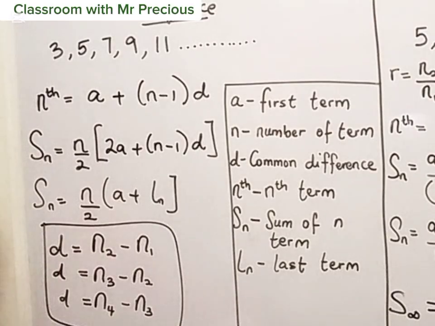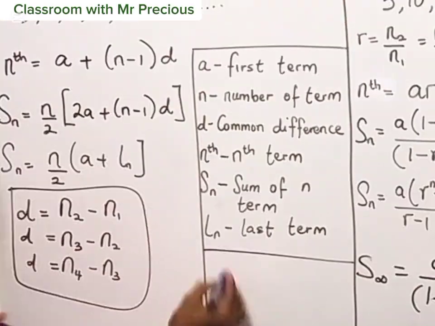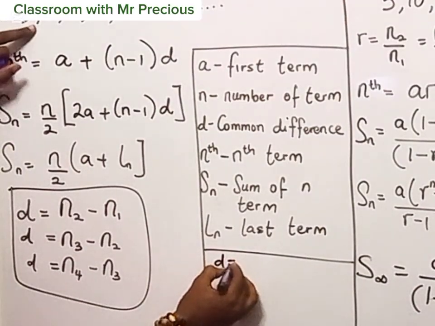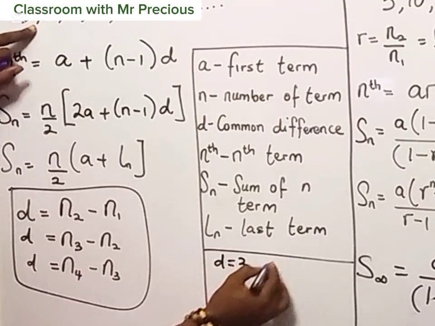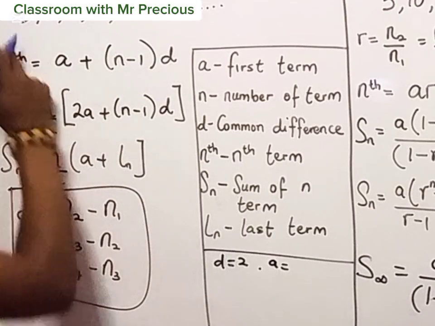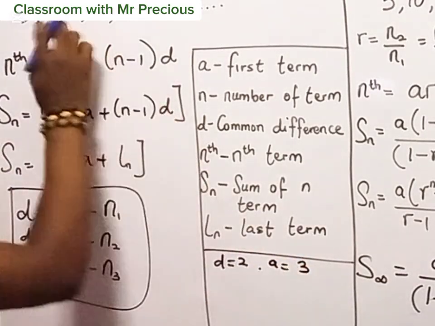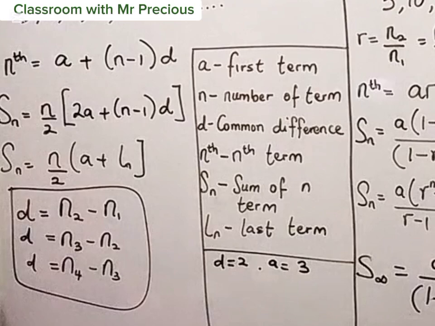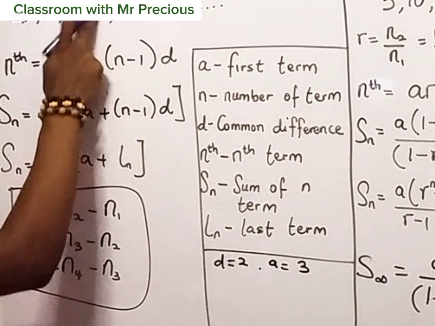Okay, let me quickly solve something here. Our common difference for this particular example is 2. The first term is the first number in that pattern, and the first number here is 3. So our sequence started with 3. Let's say we are looking for the fourth term, and let's say we didn't know that it was 9.